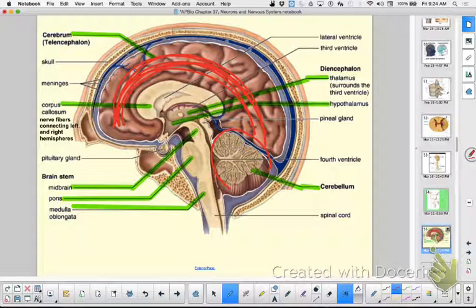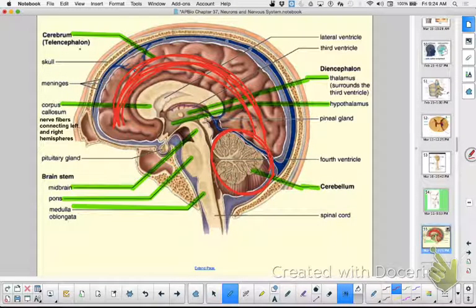Down here is your cerebellum, and I always think of Sarah the ballerina. Sarah the ballerina is going to have good muscle tone. She's going to be very coordinated and balanced. And the reason is this part right here.